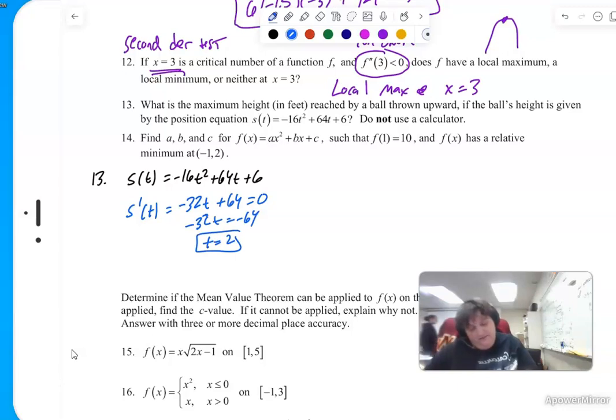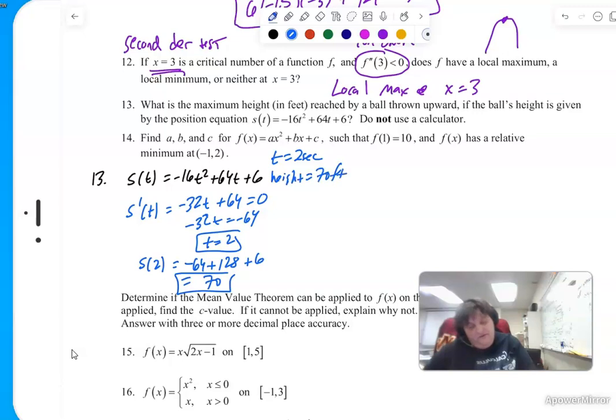Okay, so at time 2, if I plug that in, 2 squared is 4 times 16, that's negative 64, plus 128 plus 6, so that's 70. So this would be at time 2 seconds. What's the maximum height? The height is 70 feet. Okay. All right, nice.